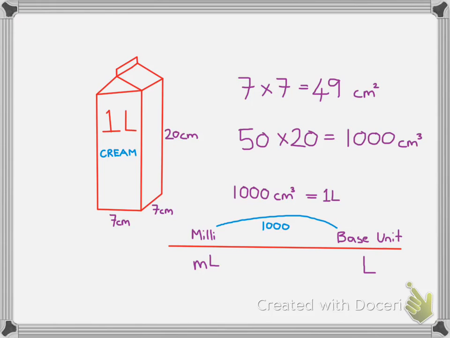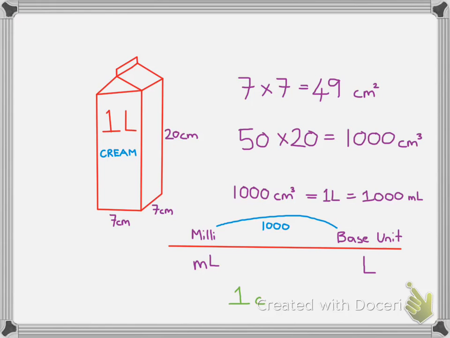So now I'm going to convert 1 litre into millilitres, and we know that to be 1,000. So the jump moving to the left is multiplication, so 1 litre is equal to 1,000 millilitres.